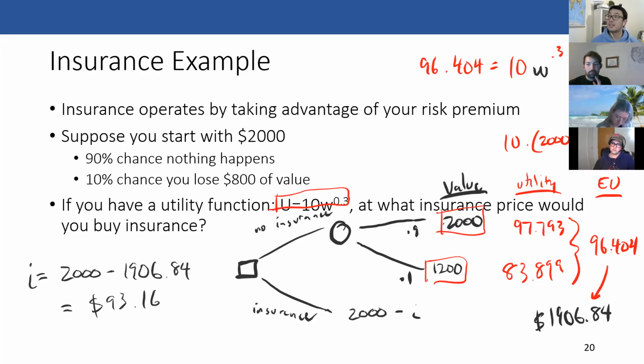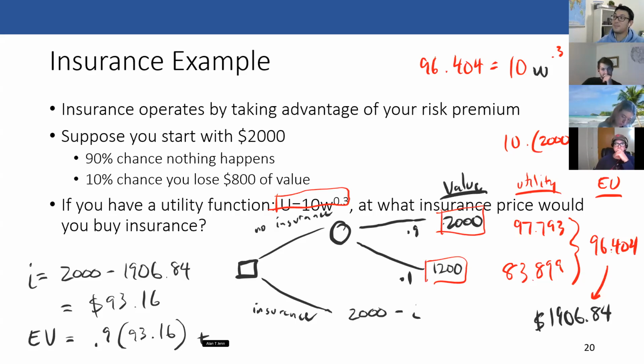actually buy the insurance. So now let's look at it from the perspective of the insurer. The expected value for the insurance company is that 90% of the time, I'm going to be making $93.16. Okay. And that's because I'm sort of taking advantage of what you're willing to pay.